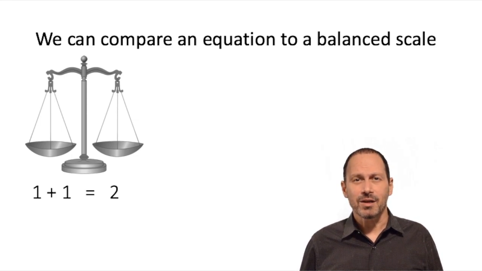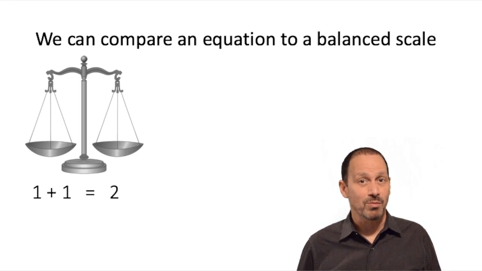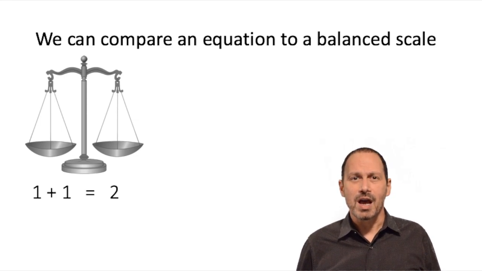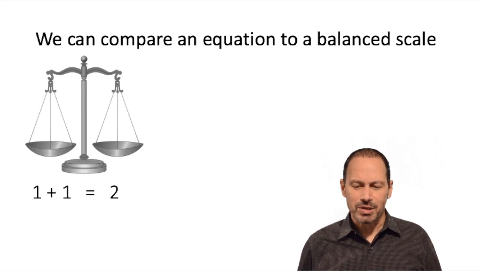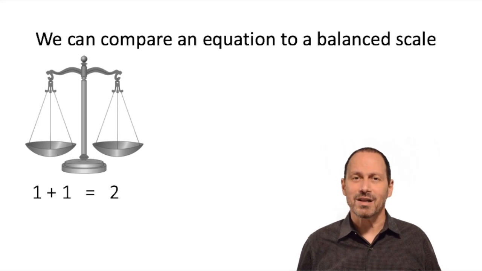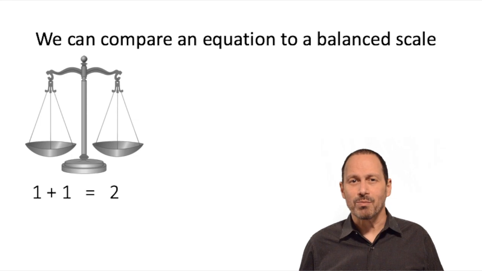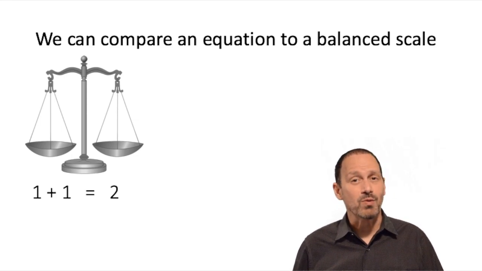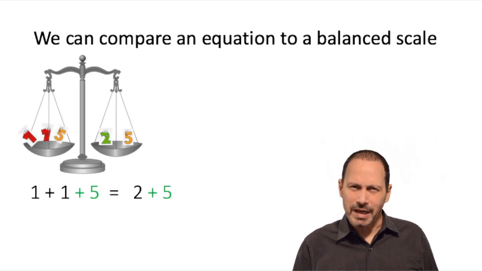Just like in a scale, we can perform any of the four basic operations: addition, subtraction, multiplication, or division, as long as we do it on both sides of the equation, so that the scale remains balanced. The same way, the equation must remain equal. So that's why we have to perform the operation on both sides of the equation to preserve its equality.